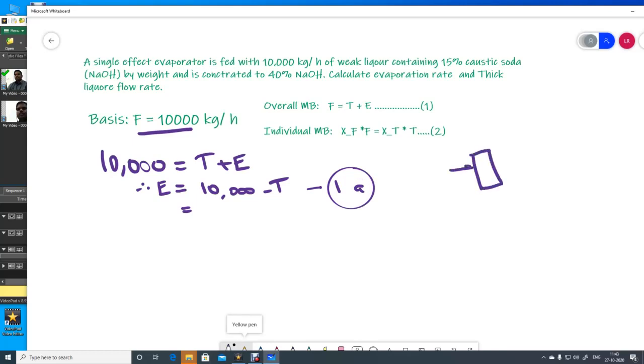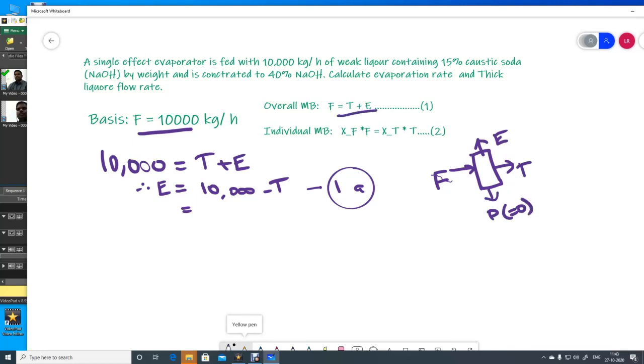If you draw a block diagram, we have F as the feed, E as the evaporate, T as the thick liquor, and the precipitate in this case is 0.